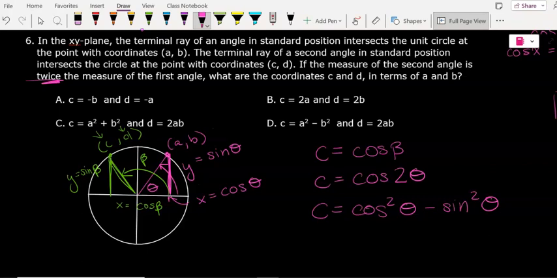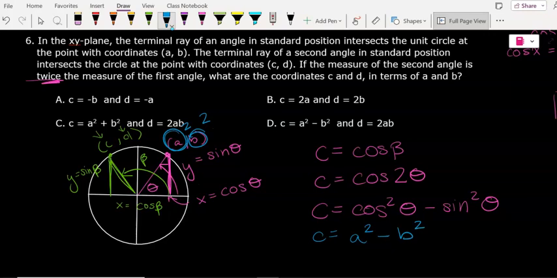All right, well, cosine squared theta is going to be equal to this one squared, just like B is going to get me this one squared. So C is equal to A squared minus B squared.